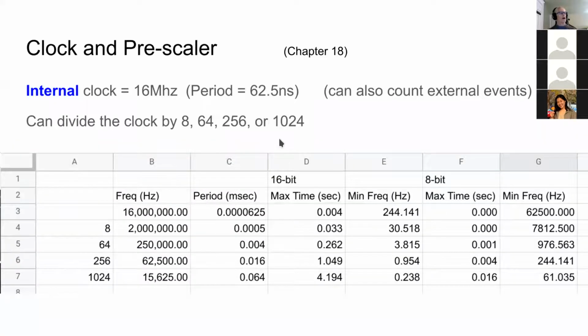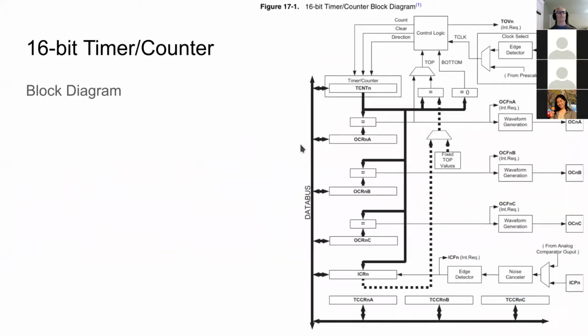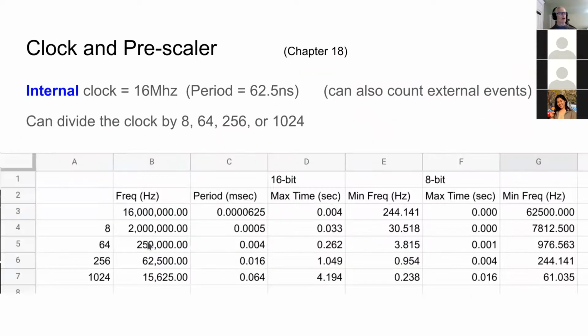Okay, the clock and the prescaler. So I guess actually going up here, there's a couple of clock options. And this is for external clocks coming in from the outside. But we also have this internal clock that allows us to count pulses.